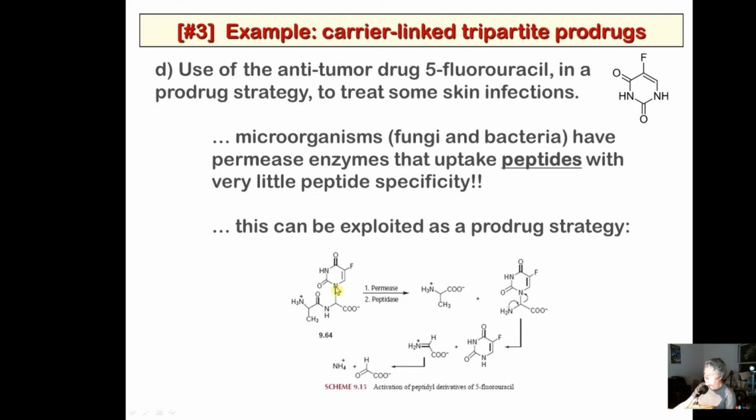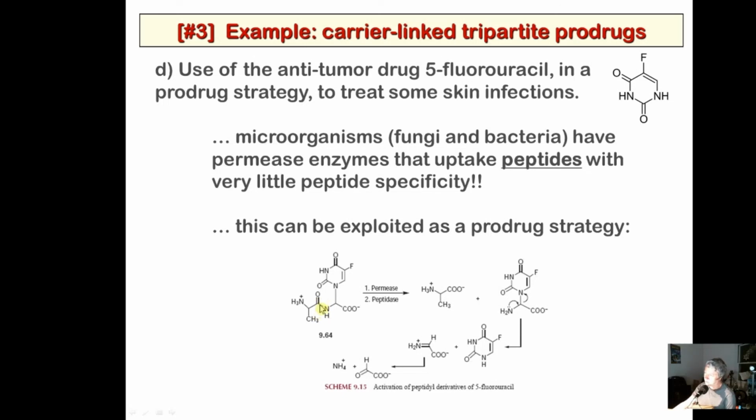Okay, so here it is, 5-fluorouracil attached through the nitrogen to this peptide looking thing. It's obviously a non-natural peptide. And permease allows it to get absorbed into the skin, and into the bacterial cells and fungus cells. And then once it's inside, peptidases will cleave the peptide.